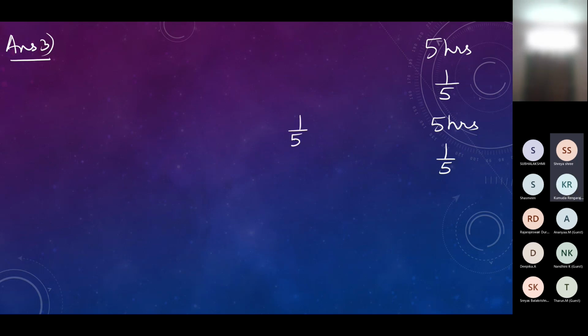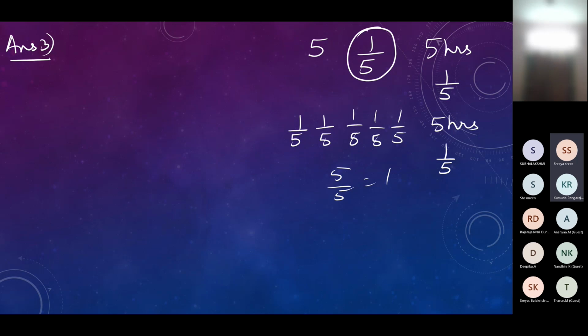In 5 hours, you complete 5/5, the full work. The reciprocal of 5 hours is 1/5. This is the fraction of the work done in 1 hour.